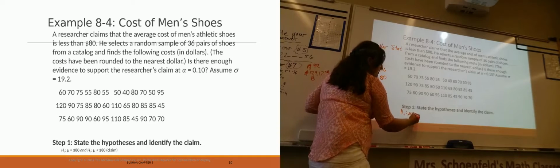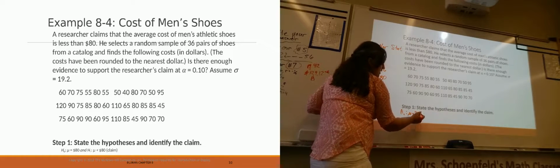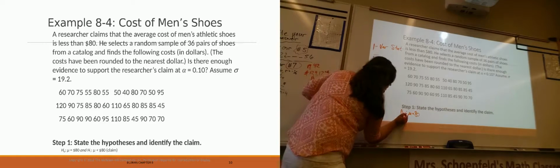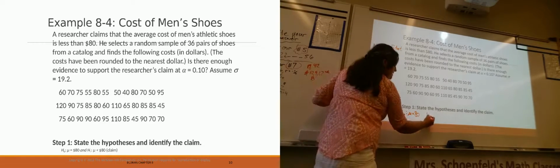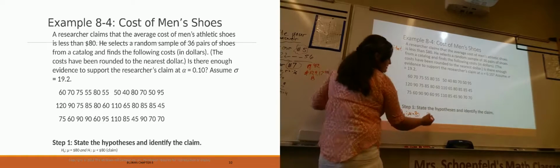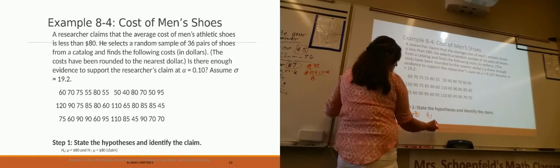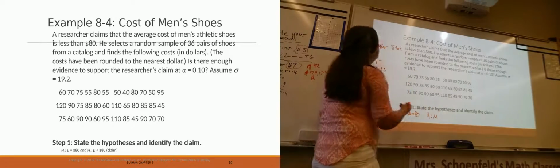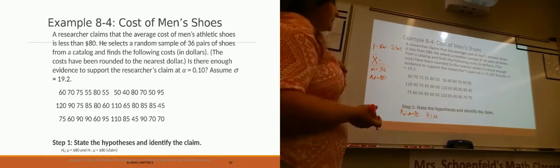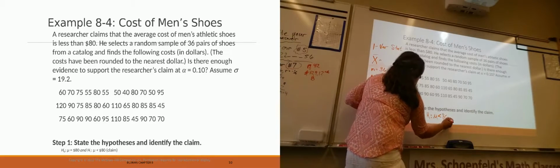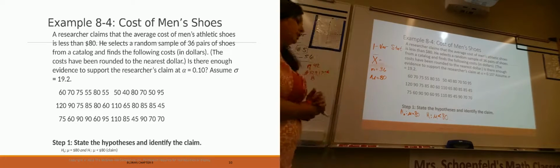That's just always what it is. And then our alternative hypothesis is H sub 1, and he says less than 80. So that's what our null and alternative would look like.